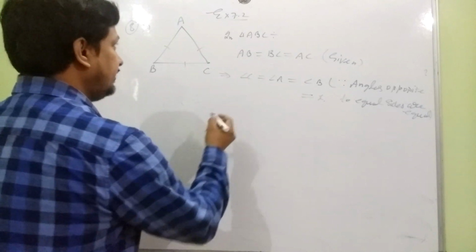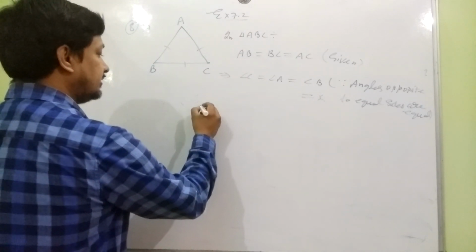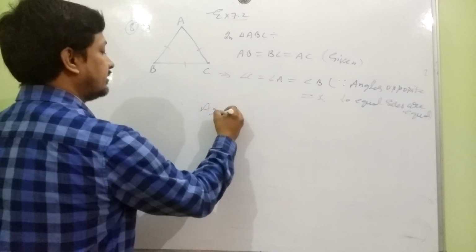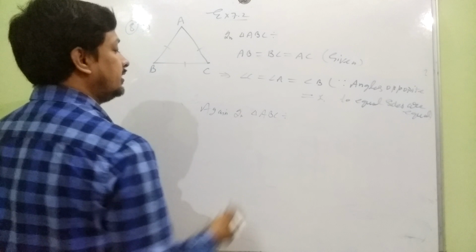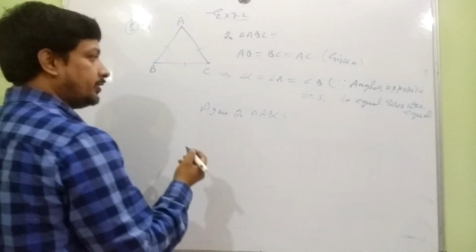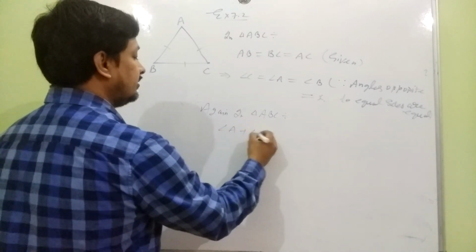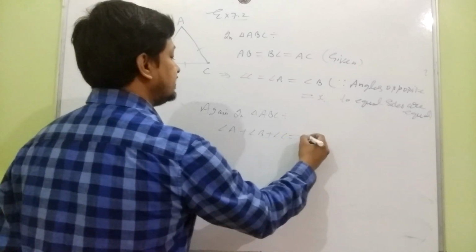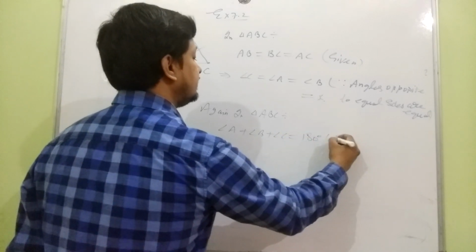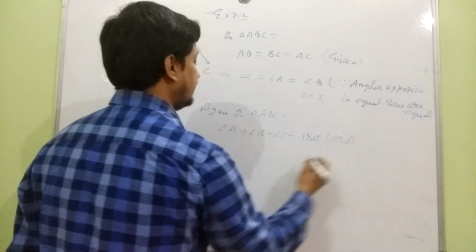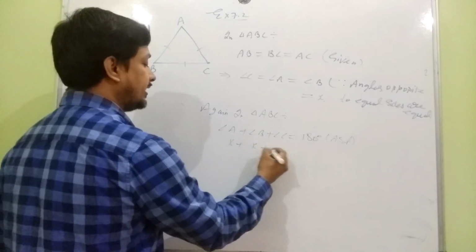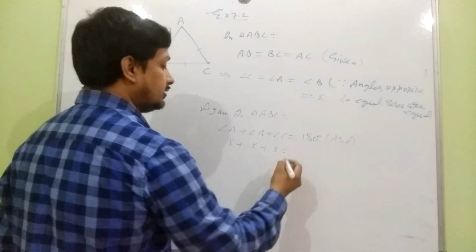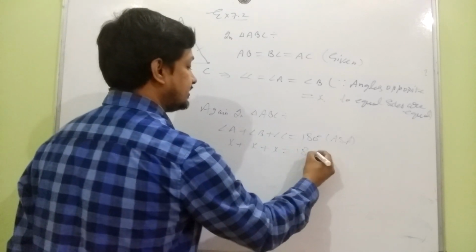So now again take triangle ABC. In triangle ABC, you can apply angle sum property. Angle A plus angle B plus angle C equal to 180 degree. This is angle sum property. So what is angle A? We have considered them to be x, and all the three angles are equal at the same time.